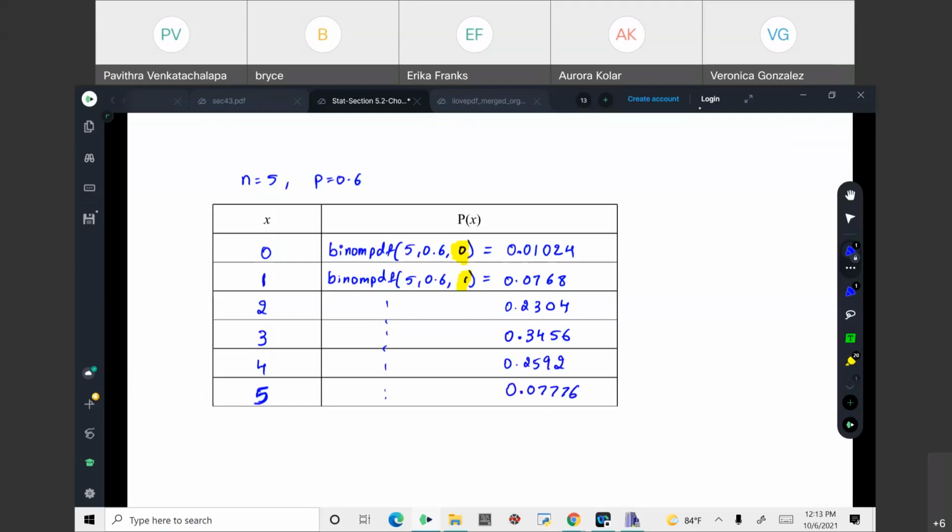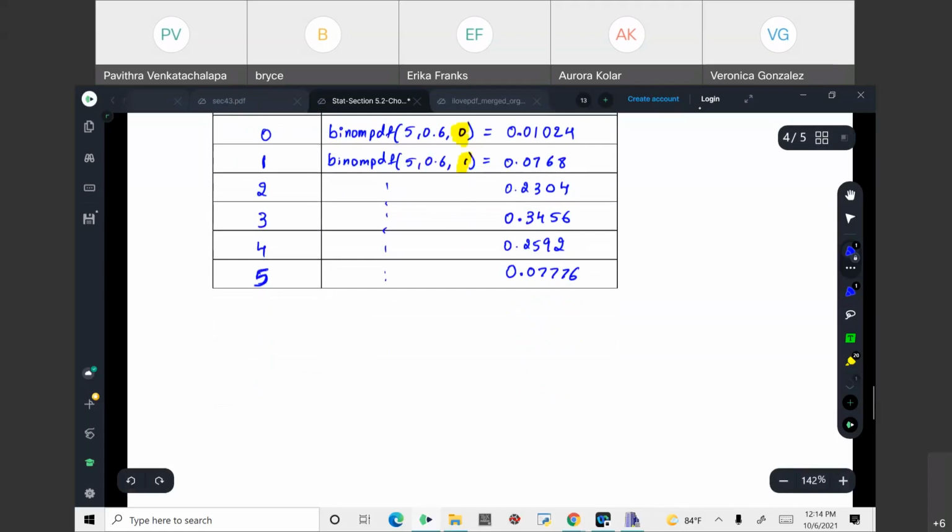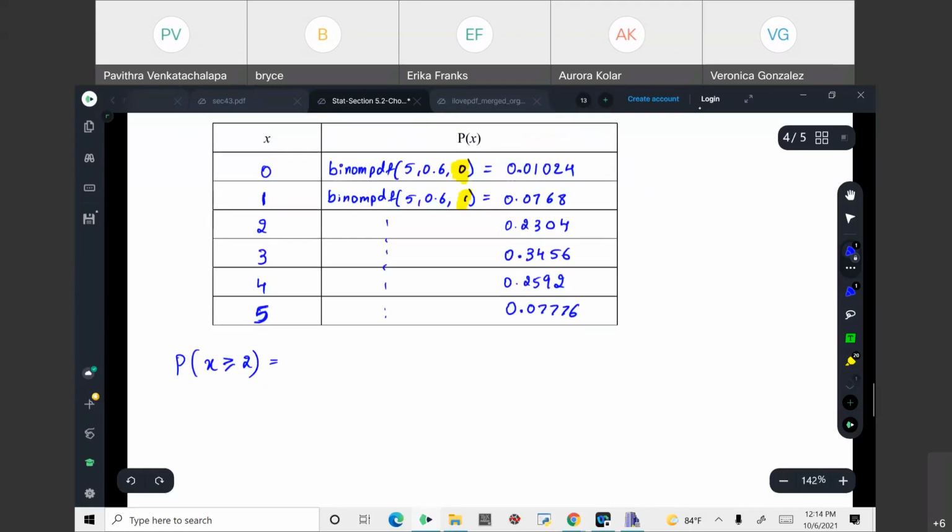Okay, so we did find for the rest of the x values. Now what we need is the probability of x at least 2. So how do you find this? You just have to add the probabilities which are equal to 2 and greater than 2. Very simple. How much do you get?